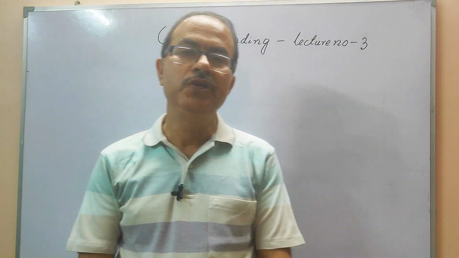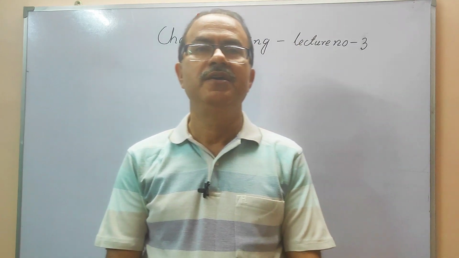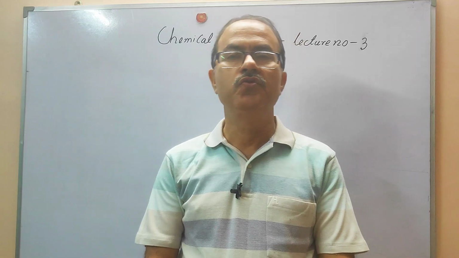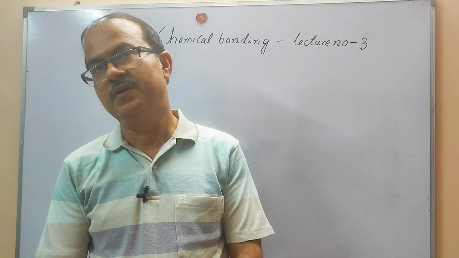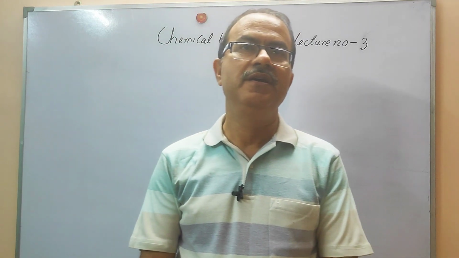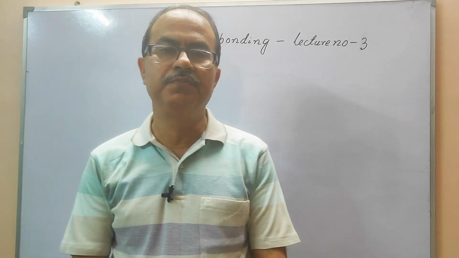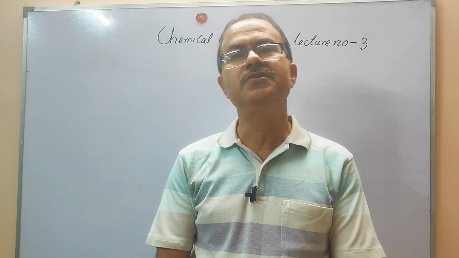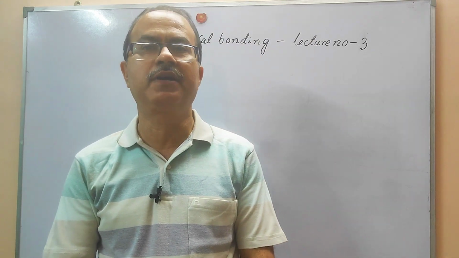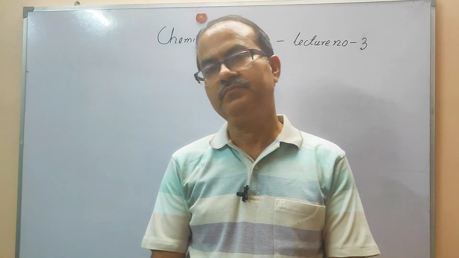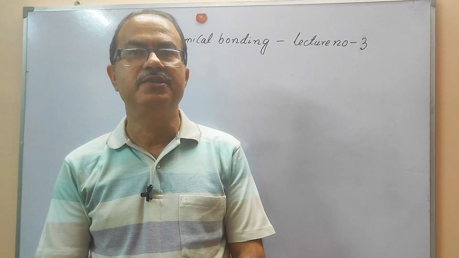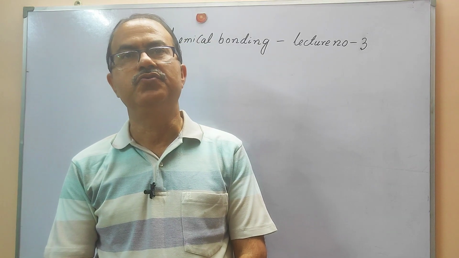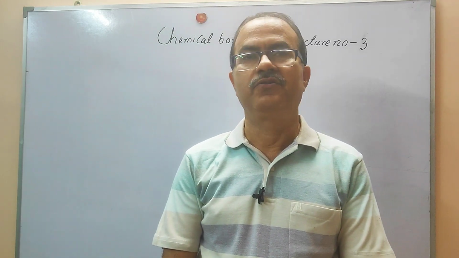We know Lewis dot structure is basically a picture of bonding in molecules and ions, in terms of the shared pair of electrons and the octet. The base of the Lewis structure is the octet, the formation of the octet around the atoms; basically that is the valence shell electronic configuration, which should have 8 electrons.